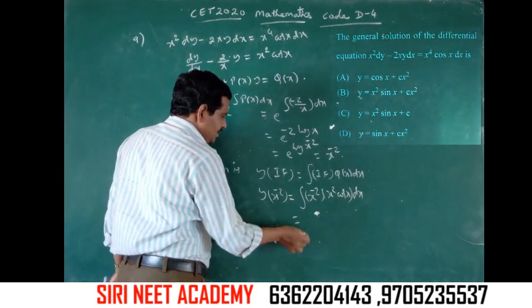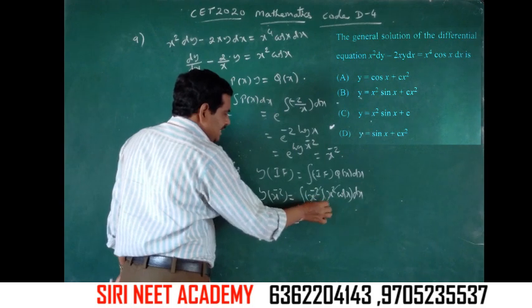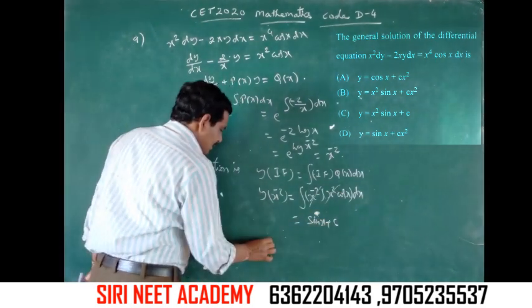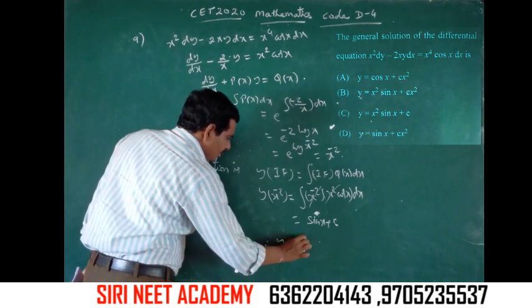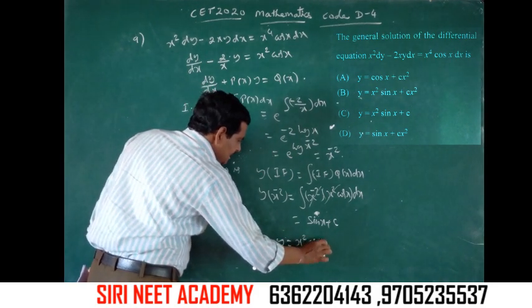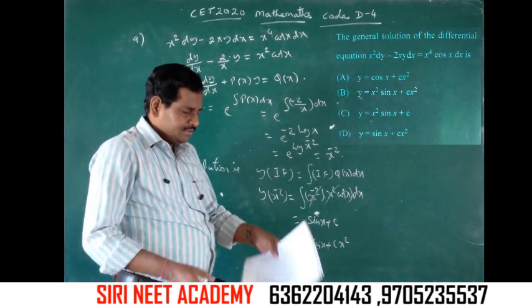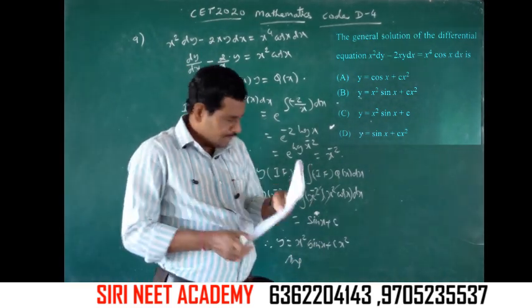These two get cancelled. Integration of cos x is sin x plus c, so value of y is equal to x square sin x plus cx square. So option B.